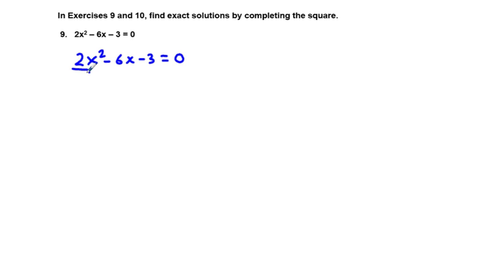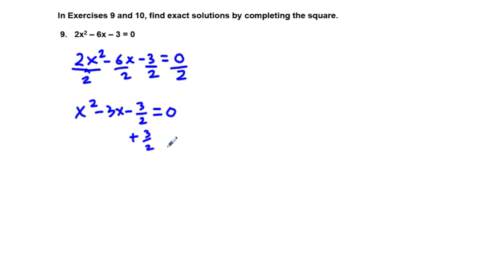So if we divide this whole equation by 2, we get x squared minus 3x minus 3 halves is equal to 0. And what I'm going to do is clear out that minus 3 halves from the left side by adding 3 halves to both sides of this equation. So we get x squared minus 3x equals 3 over 2.